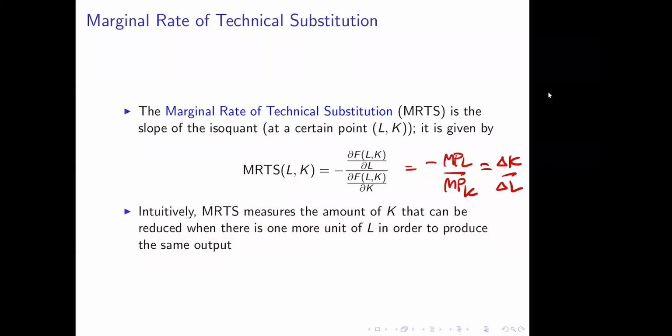So don't get confused. If I didn't ask you explicitly to compute the slope, you might start wondering what exactly you need to do. Actually, that means you need to compute the slope of the isoquant.